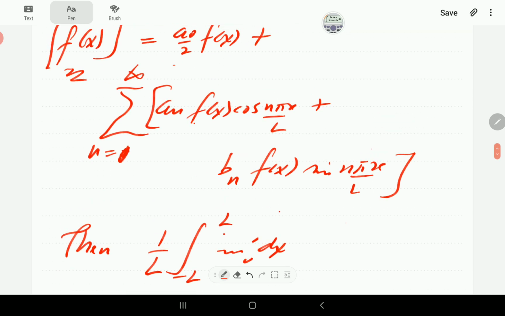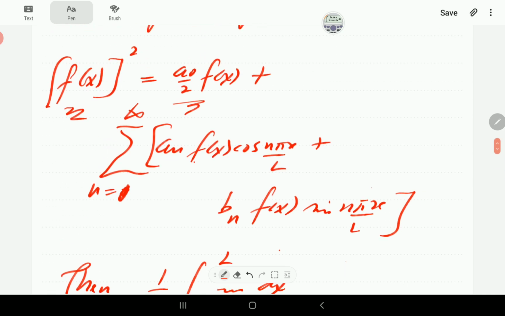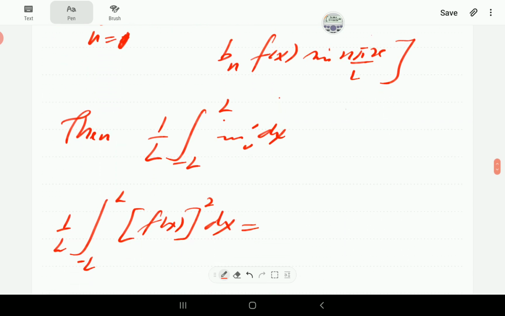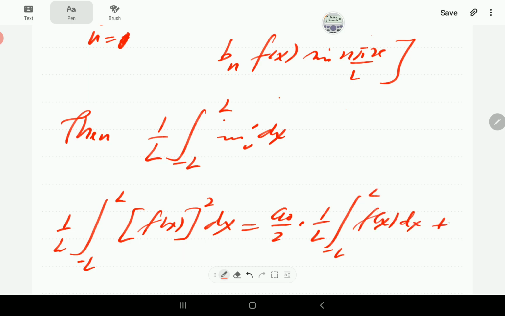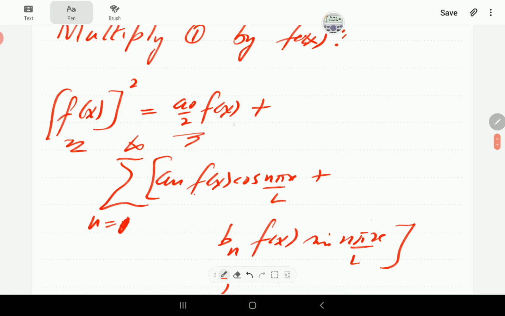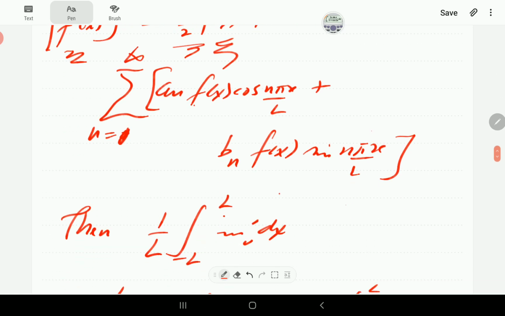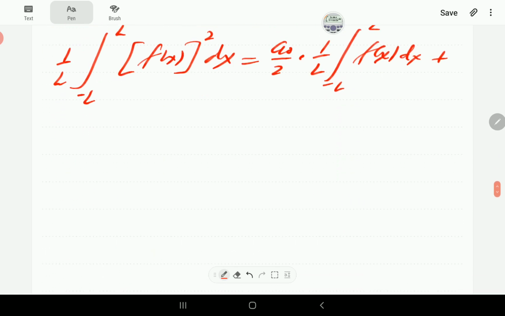This first term here, we are just going to have a naught over 2 times 1 over L integral from minus L to L of f of x dx. So that's this term here. Then next is this term here.